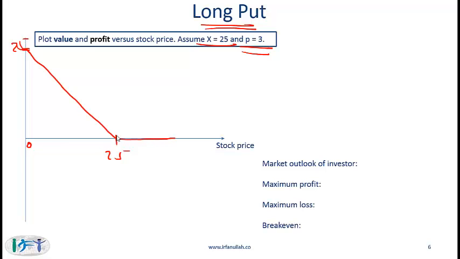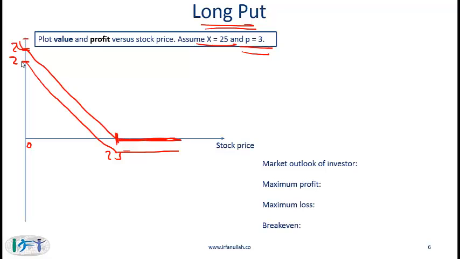If the stock price is above 25, then the put option expires out of the money. The payoff is 0. The right to sell for 25 is worthless if the underlying is more than 25 in the market. The profit diagram will simply be 3 units below because we have paid the $3 for the put option.